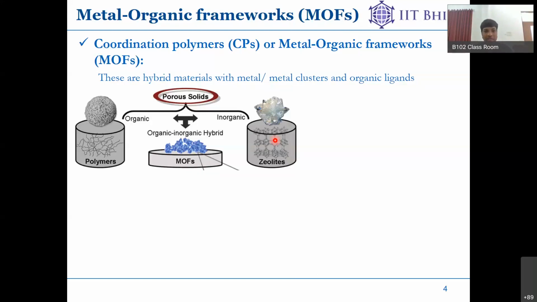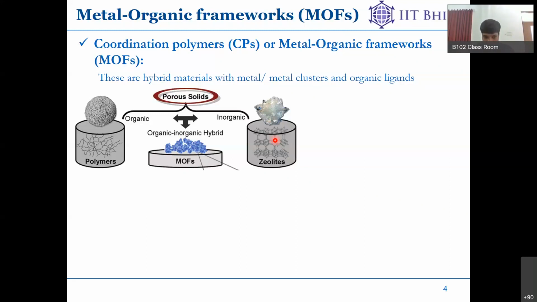And if you come to inorganic materials, I'm taking zeolites or metal oxides as examples. These are another kind of material where you don't have much organic content; they are typically inorganic systems. When you combine organic monomers with inorganic metal nodes, like metal oxides or metal phosphates, using different materials and methodologies, you form a hybrid material.